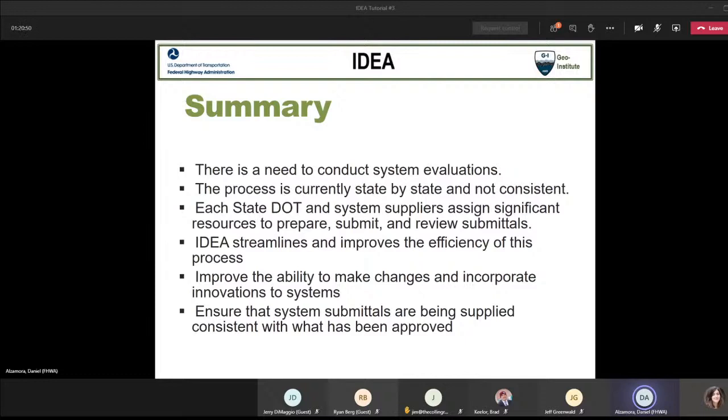I like saying that these evaluations are a communication tool between the private sector and federal highway, DOTs, and the public sector. I think it's a good way to make it more efficient and ensure that the system submittals that are being supplied are consistent with what the state DOTs have approved.